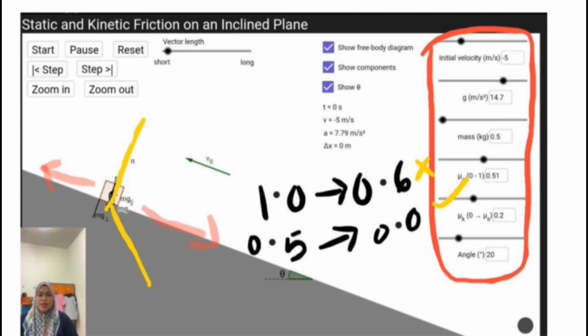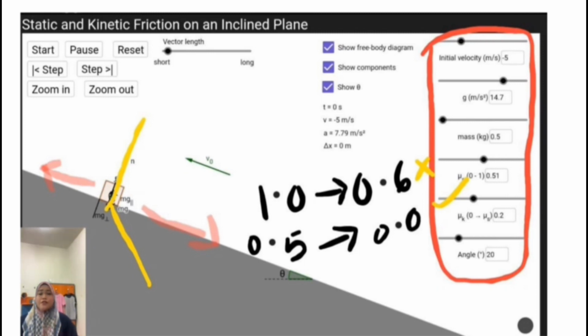For example, if we put the friction at 1.0, the block is not moving, and it stays not moving until 0.6. When we put the friction at 0.5, the block is moving.